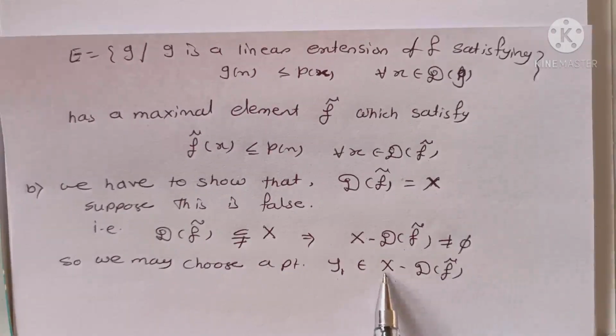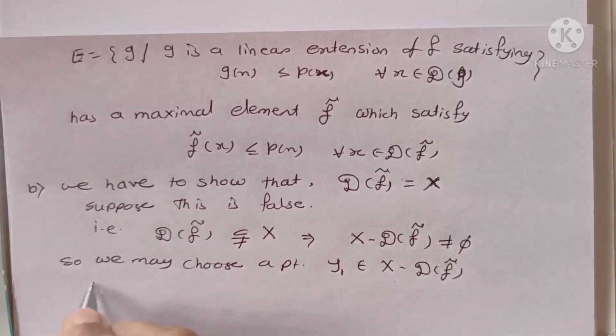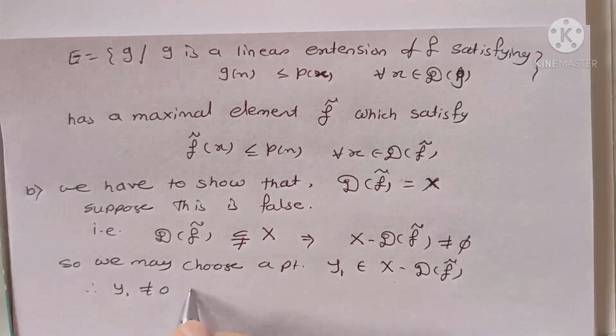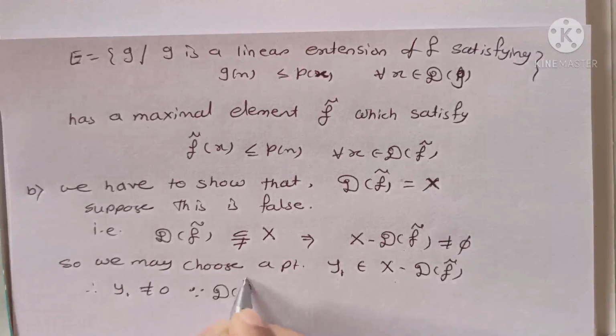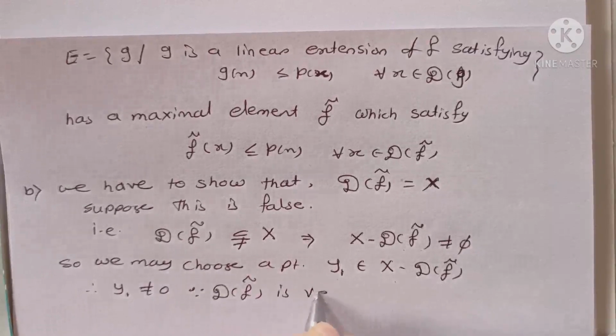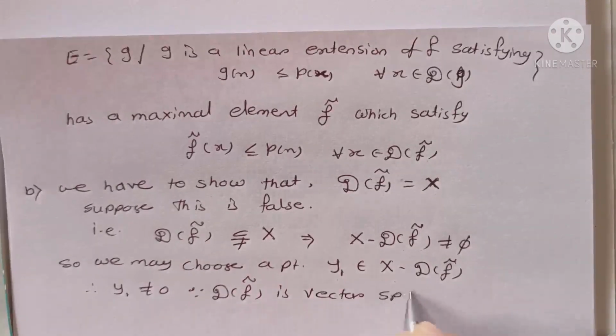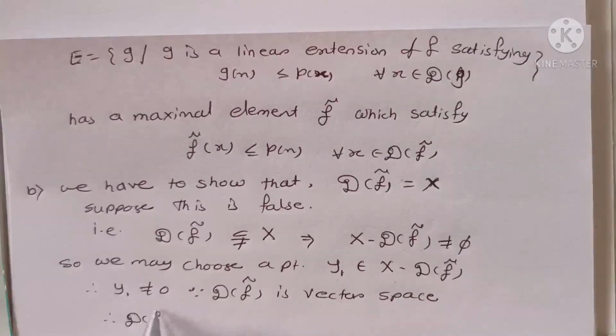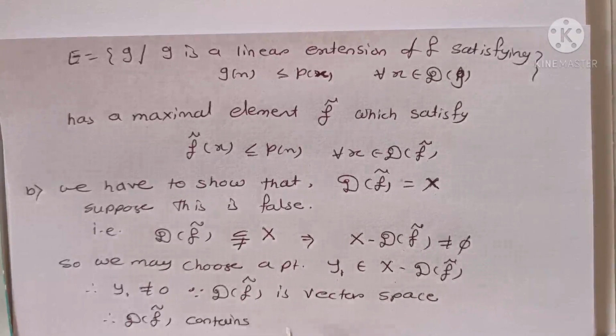As it is a point of capital X, but it does not belong to the domain of f tilde, therefore this y1 is not equal to 0. Since the domain of f tilde is a vector space, and as it is a vector space, the domain of f tilde always contains 0, that is the zero element.